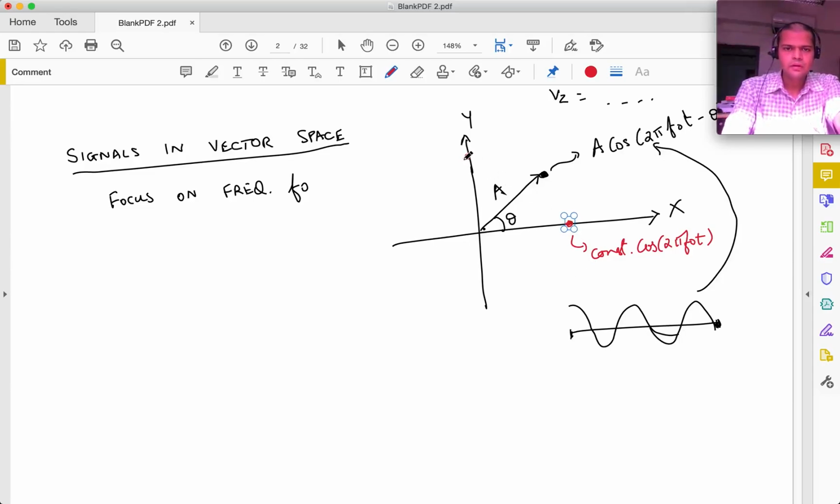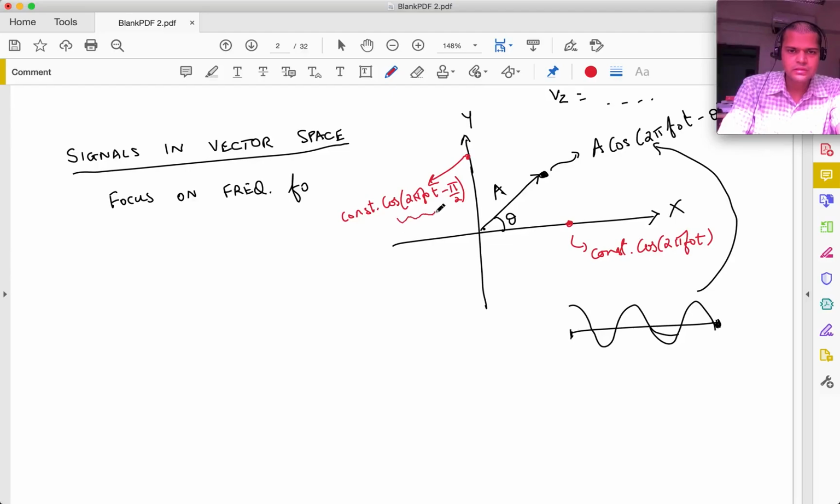And what if I had a point over here on the y-axis? Well, it's going to be some constant times cos 2 pi f0 t minus pi by 2.